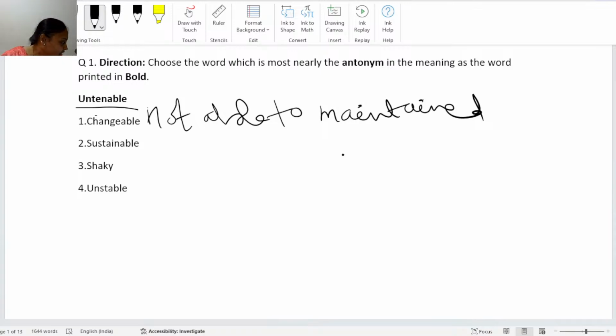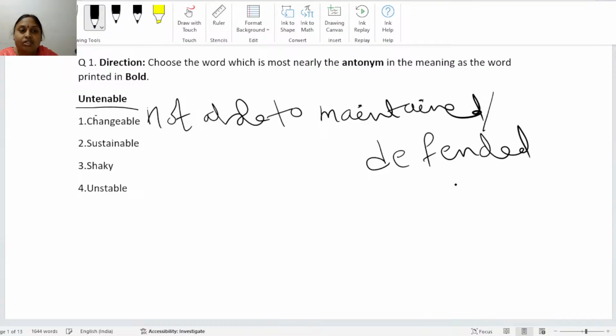So now, let us start. Not able to maintain. Untenable is nothing but not able to maintain, or else another meaning for this is indefensible.